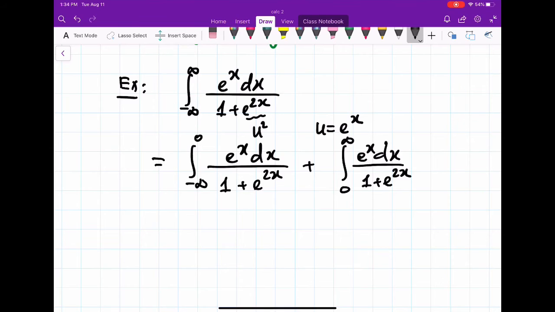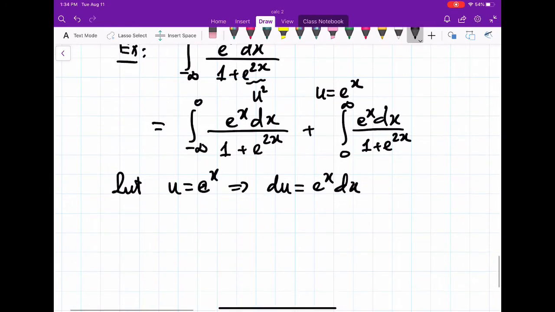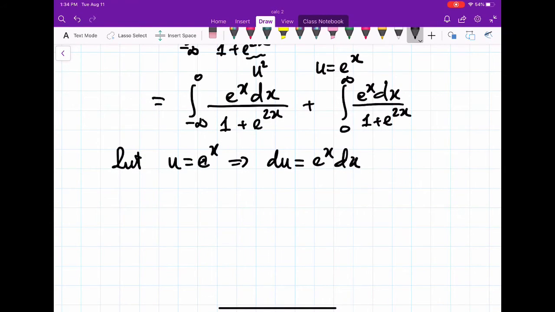Now I do substitution. I put u equal to e to the x, and then du is e to the x dx.